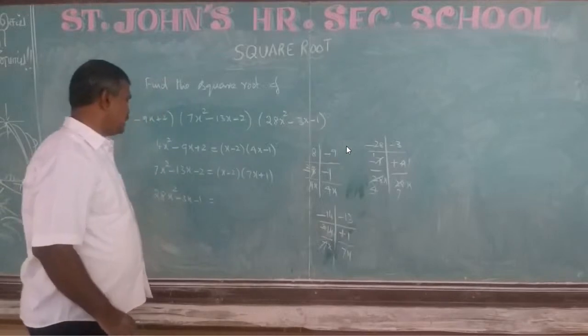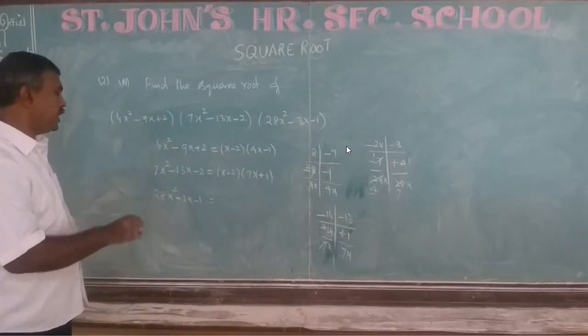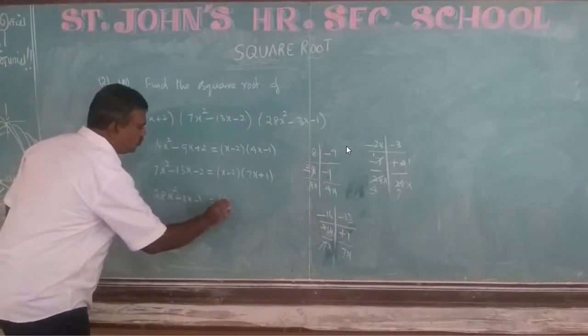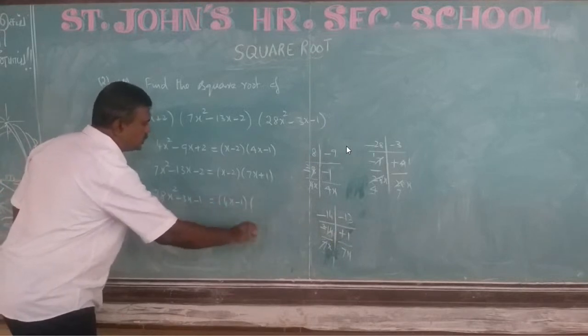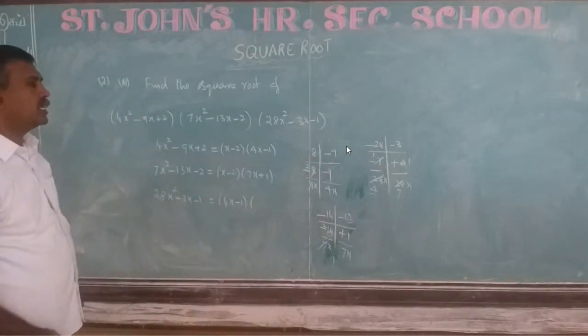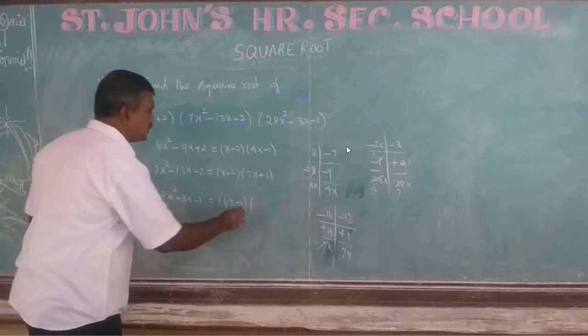Therefore, the factor is 4x minus 1 into 7x plus 1.